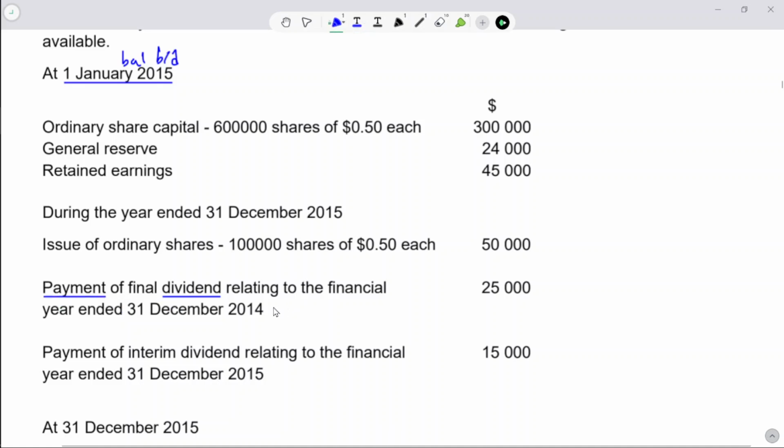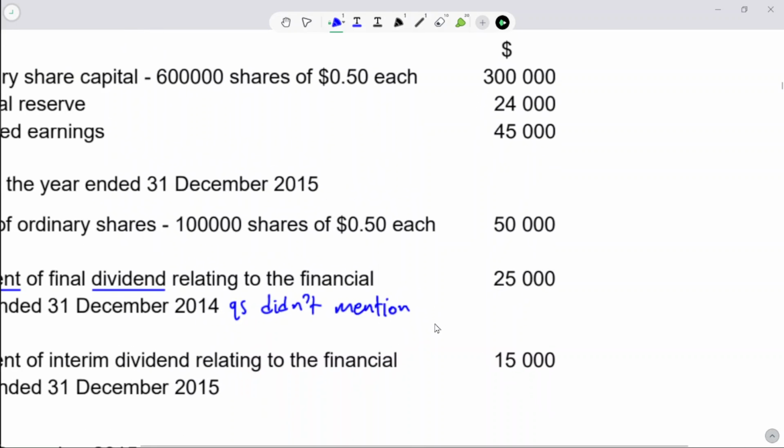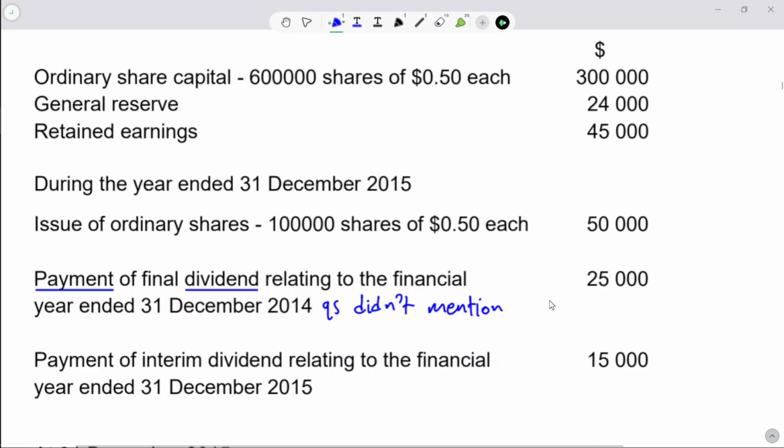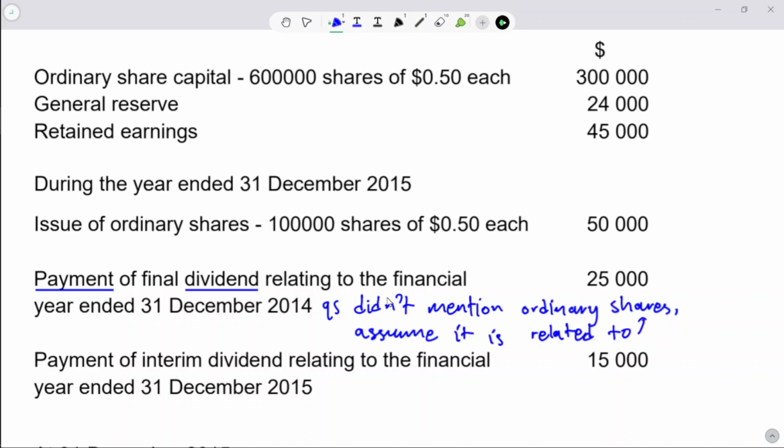The question didn't mention ordinary shares, so you need to assume it's related to ordinary shares.